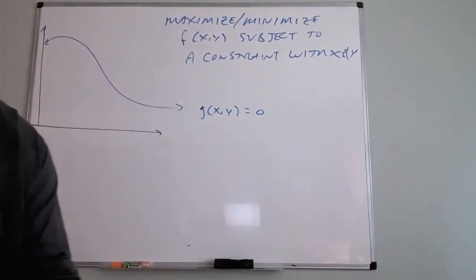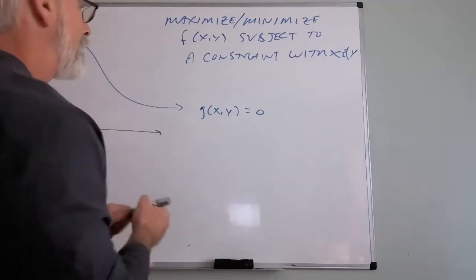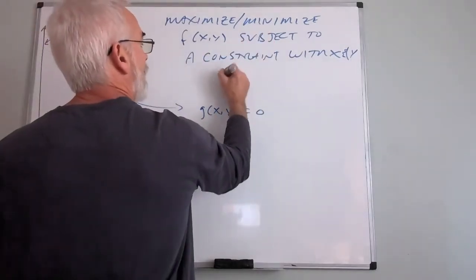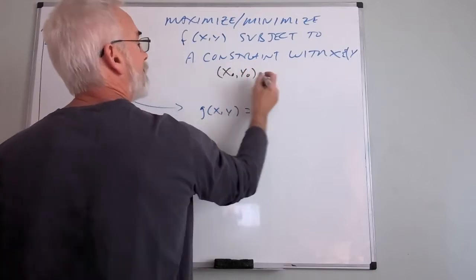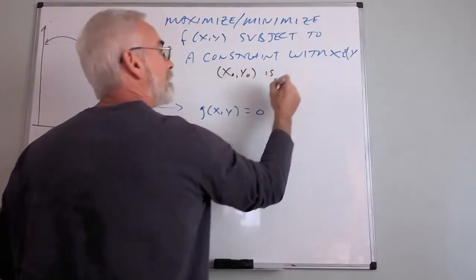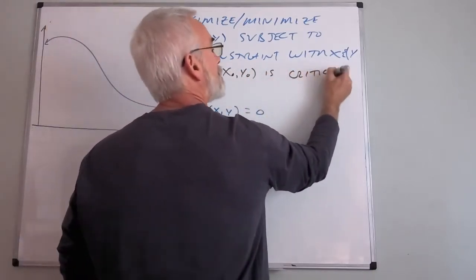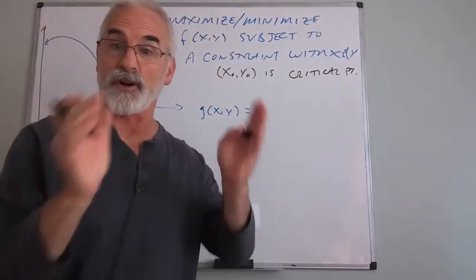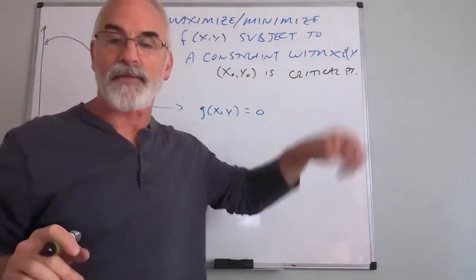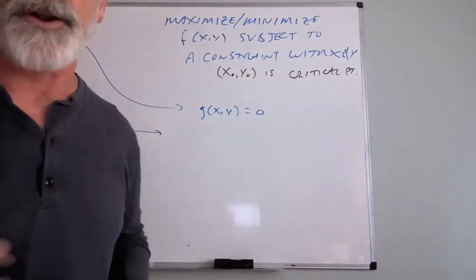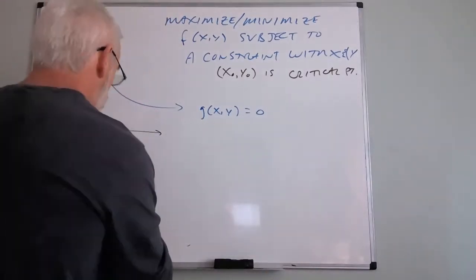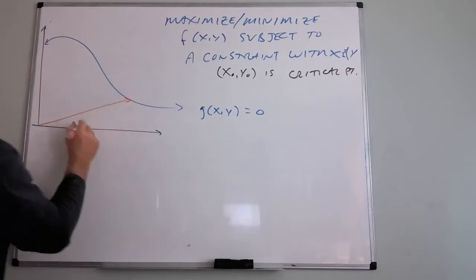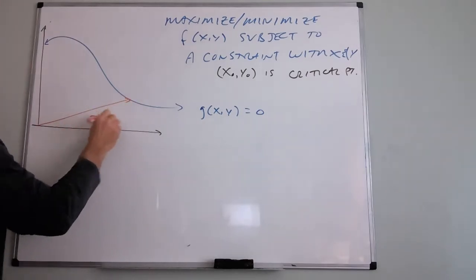So let's suppose that after I do my calculus, let's say that x naught, y naught is the critical point. I take my derivative, I set it equal to 0. However I did it, I got that thing there, somehow or another. So in general, if I drew a position vector, let's say that right there, that's going to be r of t.